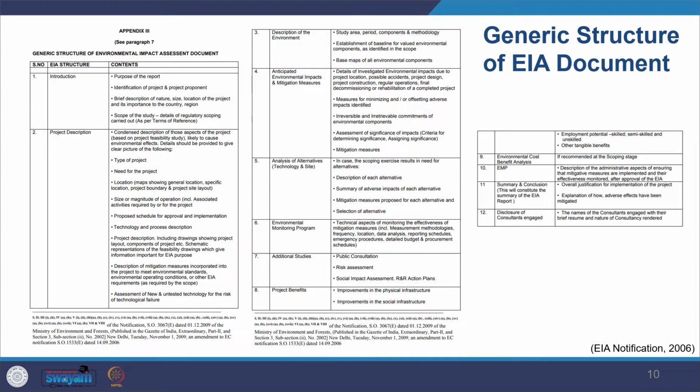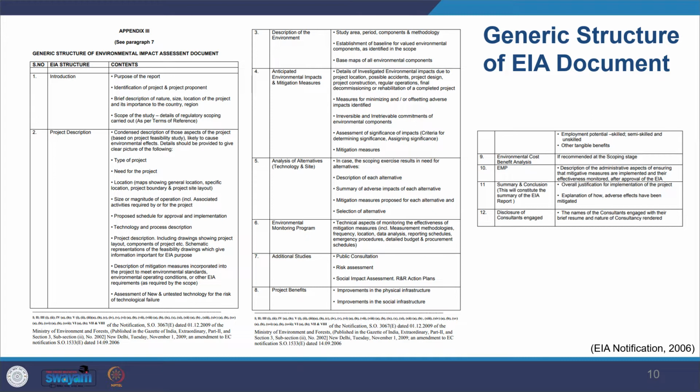You would also give the summary of adverse impacts of each alternative, like how each alternative is changing. Mitigation measures proposed for each alternative also have to be discussed. You have seen in many cases when we were doing the sectoral methods how we compared the alternatives.